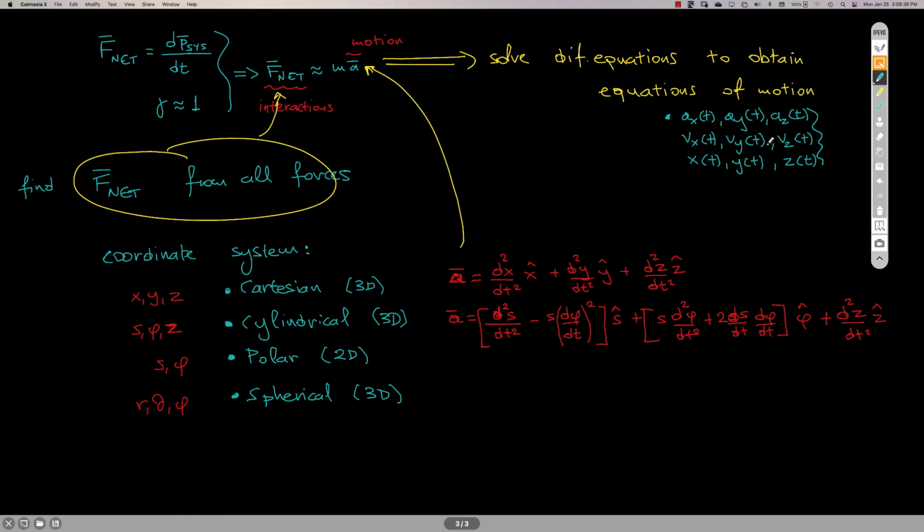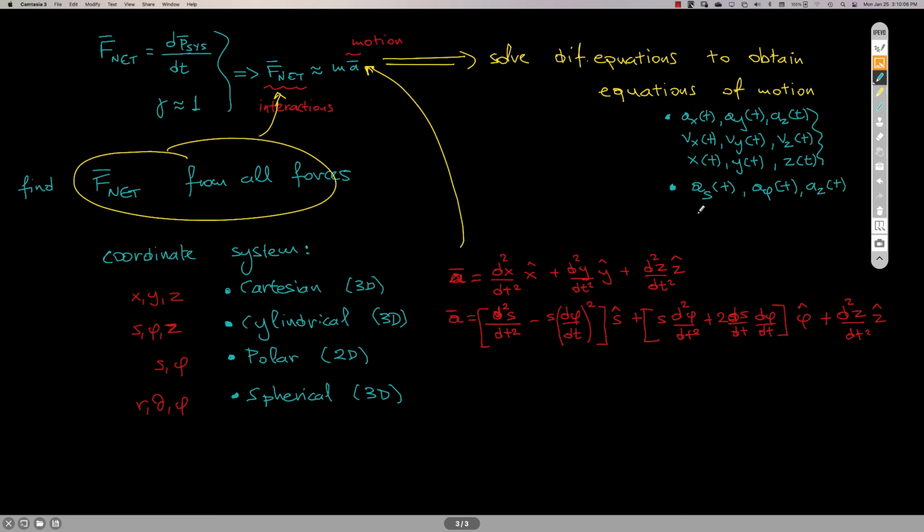the Cartesian coordinate system. Now, if you choose a different coordinate system, say the polar coordinate system, then you need to get the s component of acceleration as a function of time, and the phi component of acceleration also as a function of time. So in the cylindrical, you would need to have z as well.